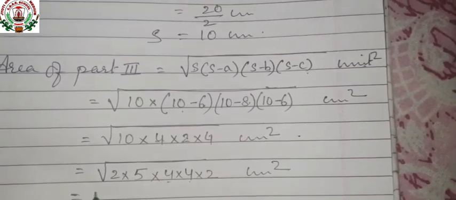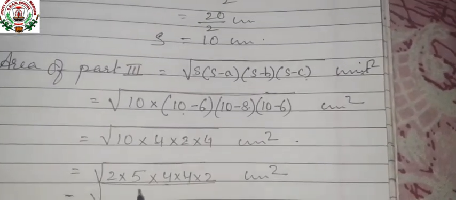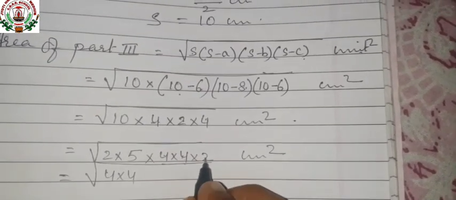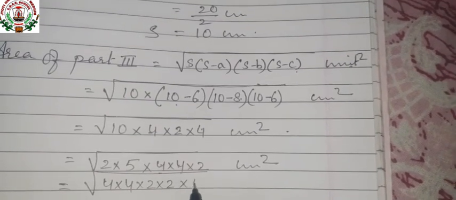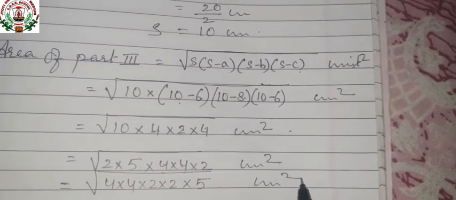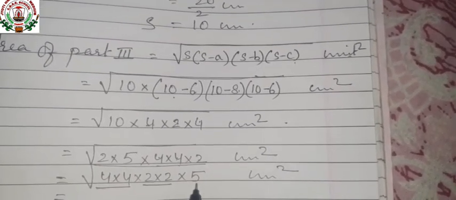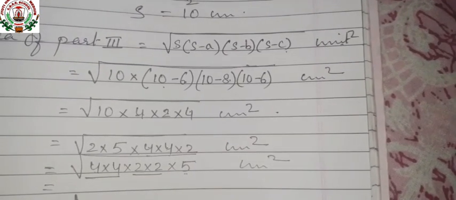Now what all things are same here, the numbers we will bring close to each other. That means 4 into 4, 2 times, now 2 and one more 2 is there, so 2 2s and then 5 cm square. Now pair this. Now this is left alone, unpaired. So from the pair one number will come out of the square root.